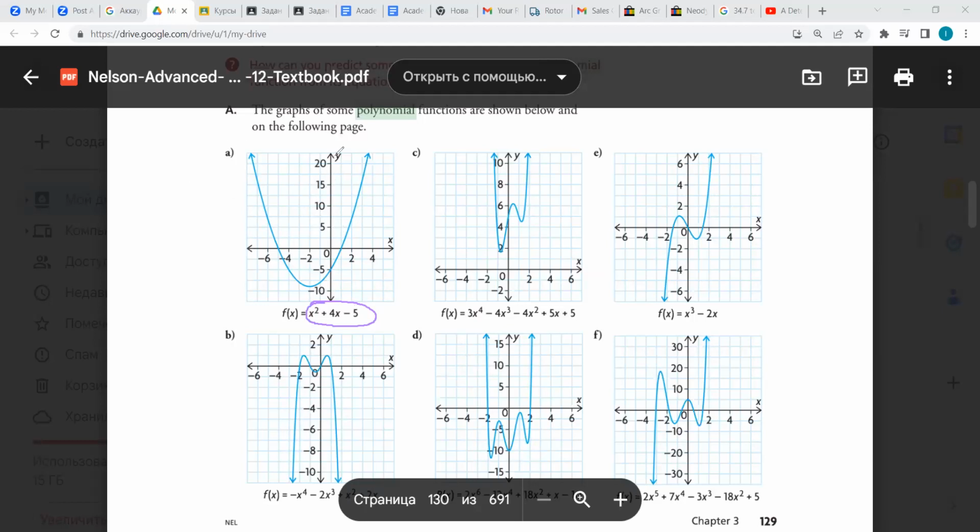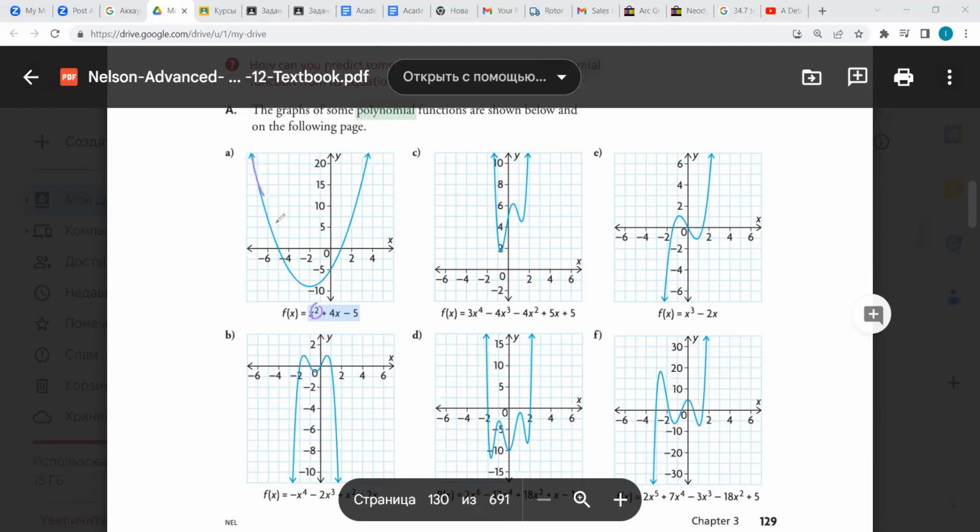And there are many more properties that we can see by looking only at the equation of the polynomial function. For example, the greatest power has a great impact on the shape of a curve, because if the greatest power of the expression is an odd number, then it means we have an odd function.